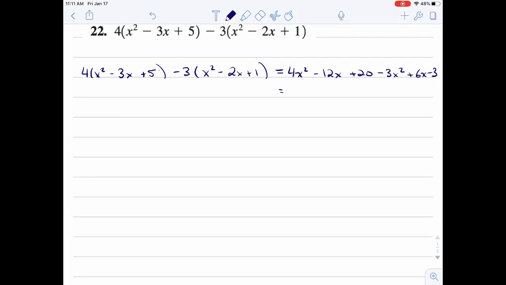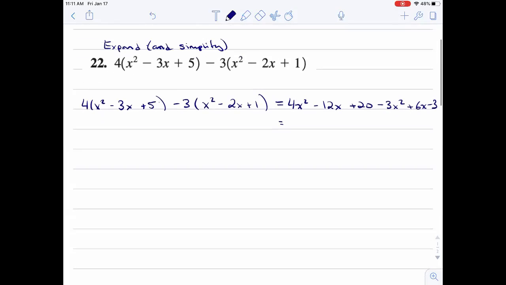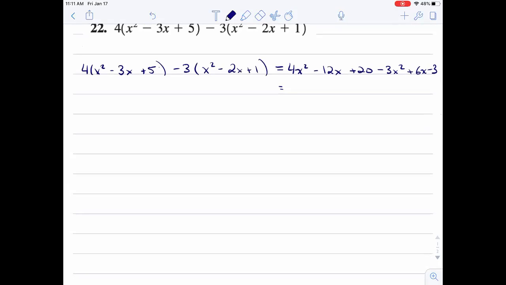All right. If we're going to expand, I guess I should say expand and simplify, because we don't just want to leave it like this, right? I can look and we should collect like terms, right? So I've got a 4x squared, I've got a minus 3x squared, I've got 12x, 6x, right? So just to illustrate where it's coming from, it's not something that you have to do, I'm just going to group my like terms, and then it should be obvious where they're coming from. 4x squared minus 3x squared, I'm going to put in brackets just to show that, hey, these guys are going to get combined into 1.